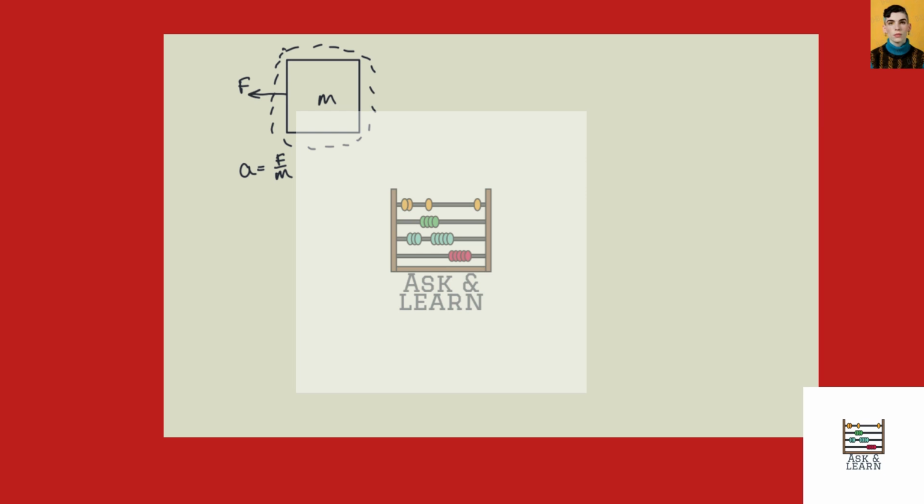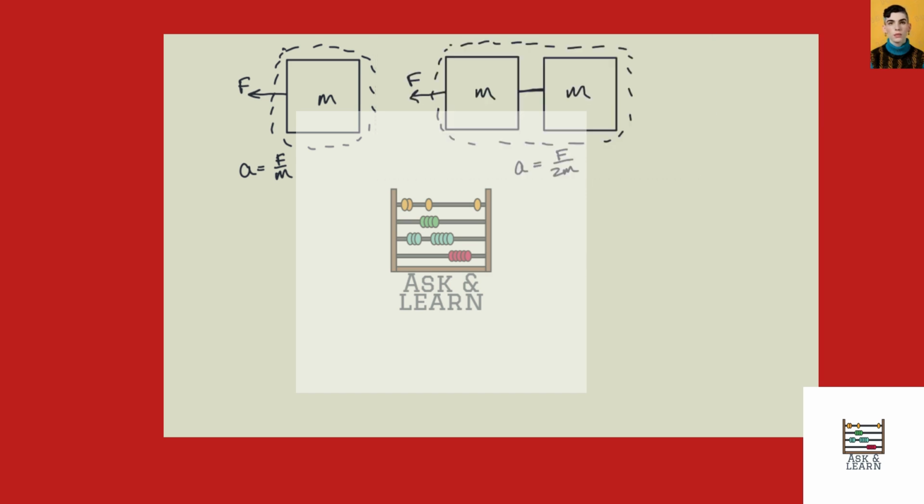And Newton's law, as we write, says that the acceleration is just the force divided by the mass. In the second case, we have the force acting on the two boxes. So we have that the acceleration of the two boxes is F divided by the total mass of the system, which is 2m.